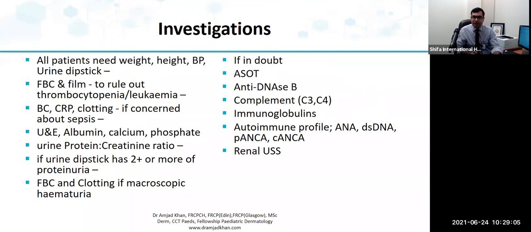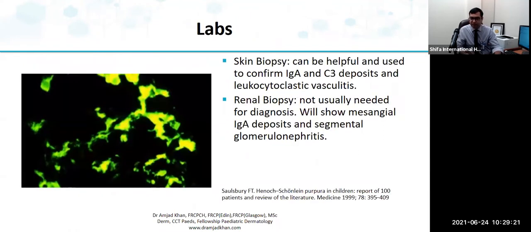Now, once the diagnosis is made, we'll have to think about basic blood tests, infection markers, complement, immunoglobulins, and renal ultrasound. Height, weight, and blood pressure, along with urine dip, is part of regular monitoring. And you can see skin biopsy will show IgA and C3 deposition and leukocytoclastic vasculitis.